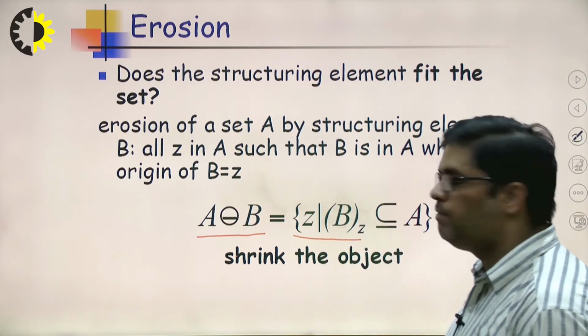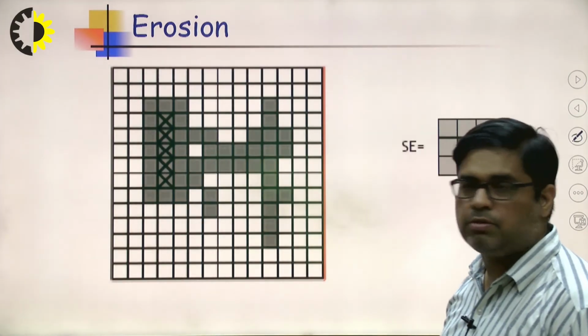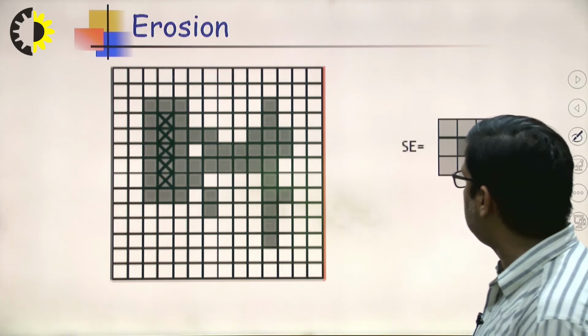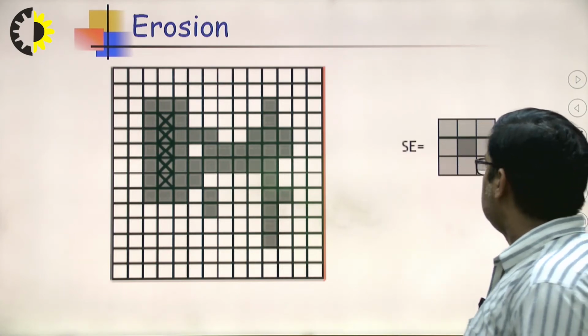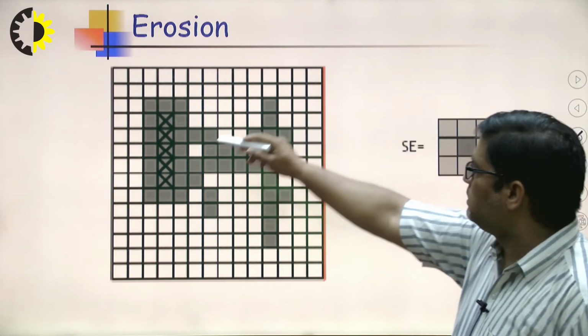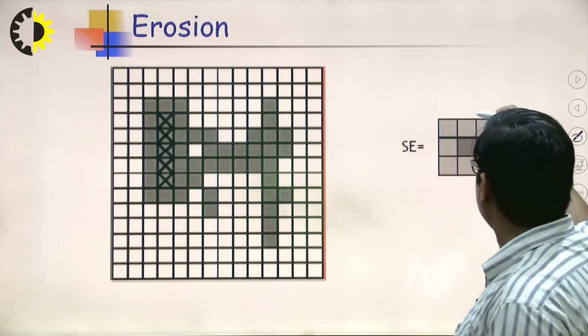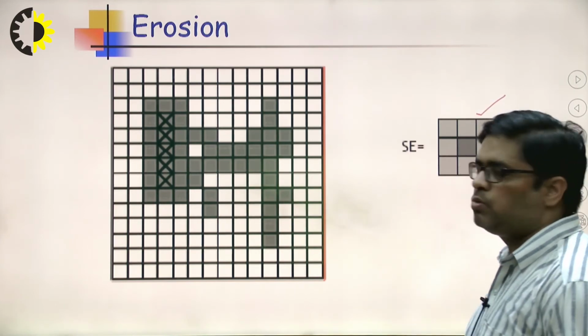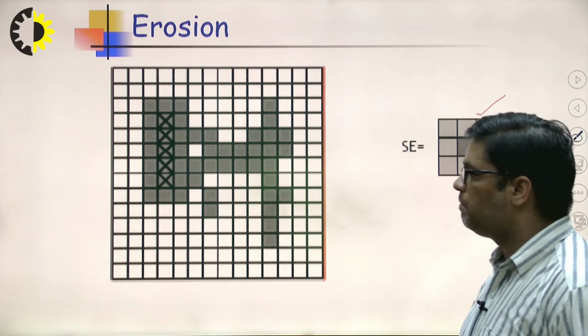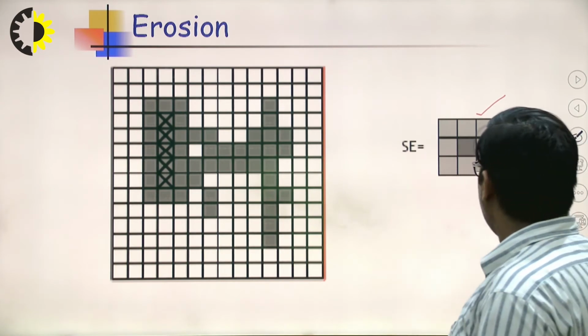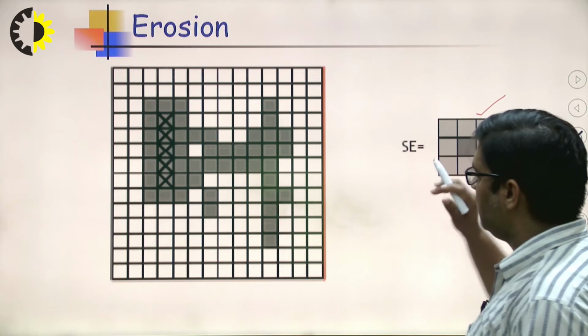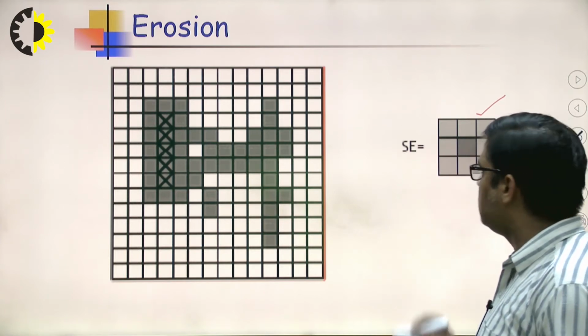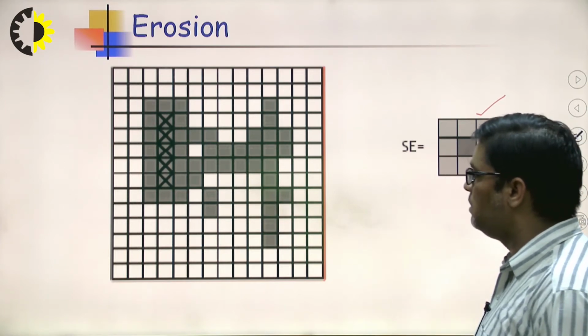If we want to discuss erosion in detail, we can take an example; by this example it will be understood well. Here the dark part is the image, and this is the structuring element. If I want to apply the erosion operation, I apply this structuring element over the image, overlapping it with the image.